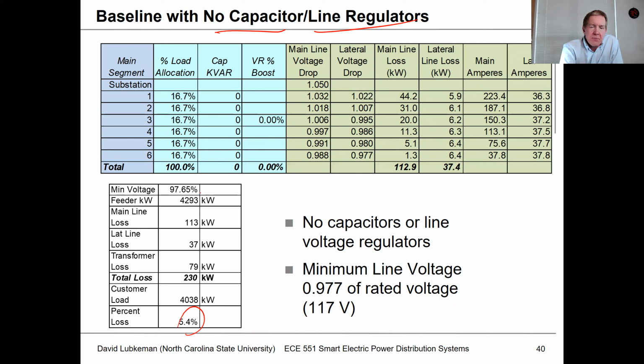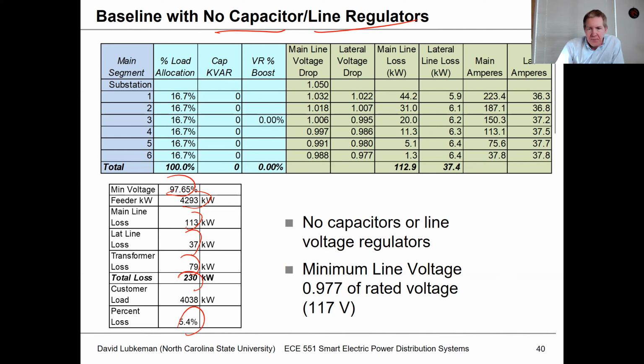So this particular circuit's going to have a minimum voltage at 97.65% of nominal. The top of feeder power consumption is 4.293 megawatts. I've got 113 kW loss in the main feeder, 37 kilowatts on the lateral. Transformers have 79 kilowatts of loss as well, where the losses total up to 230. So not a very well-performing circuit in this case.